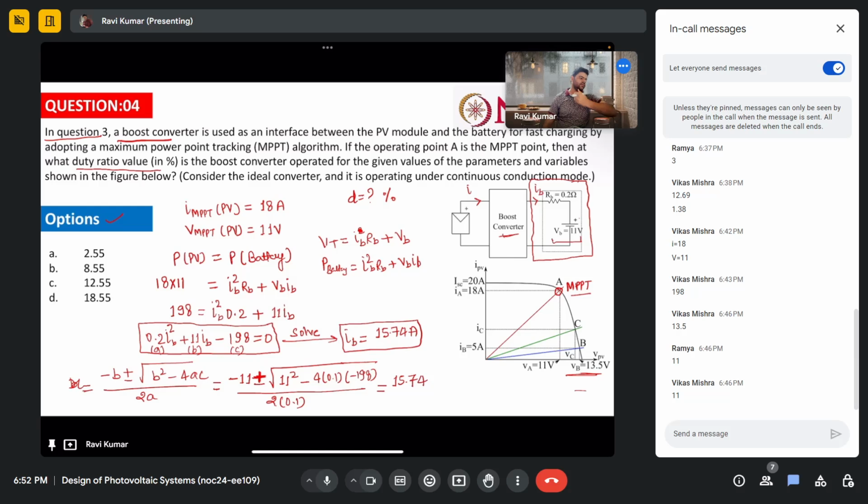Now understand one thing. We have got this IB, and we know this I. For the boost converter, what is the relation between this current IB and I? Is it 0.2?